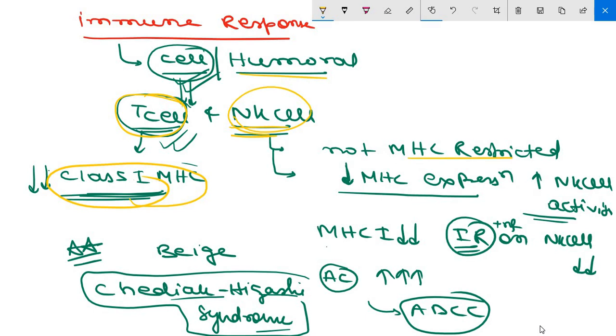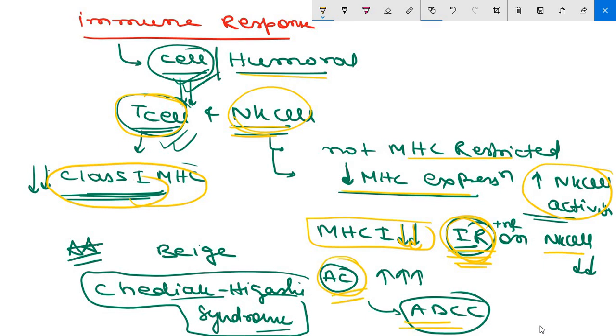And one more important point, that decreased MHC expression increases NK cell activation, because if MHC1 molecules is down regulated, then there is inhibition of the inhibitory receptors on NK cells, and there is more expression of activation receptors that can mediate your ADCC. Clear?